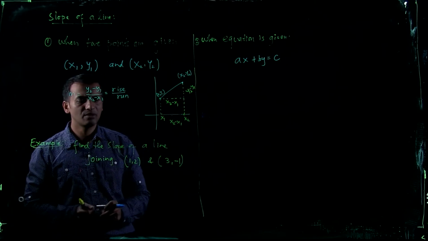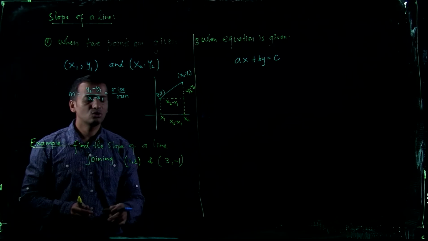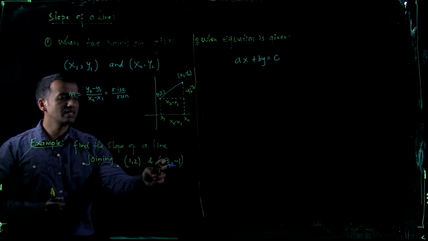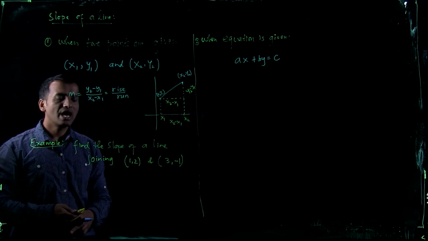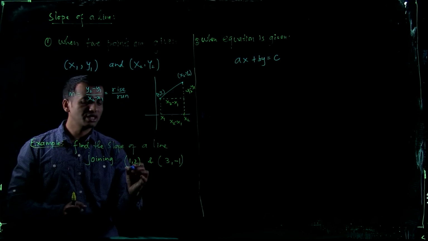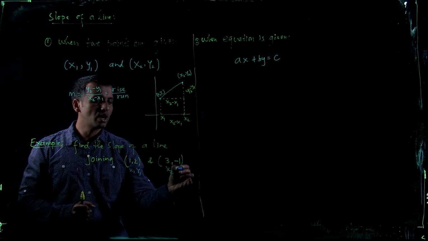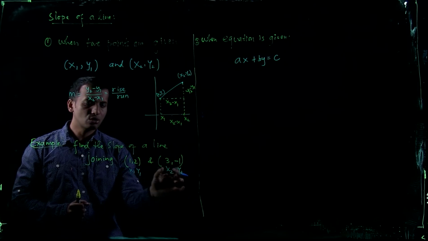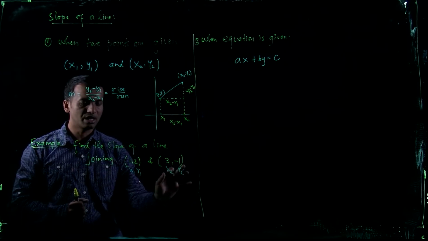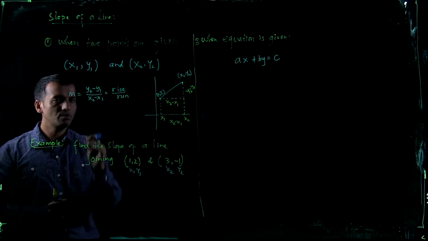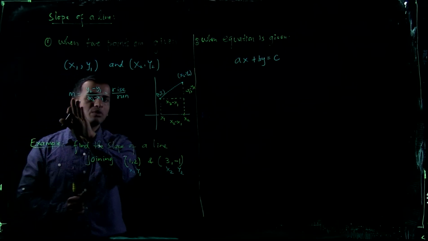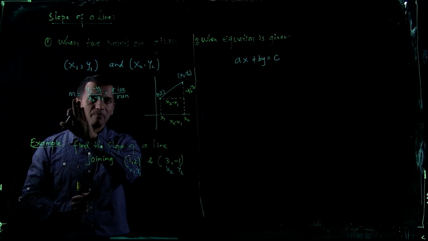Let's take this example. Find the slope of the line that joins (1, 2) and (3, negative 1). As we mentioned, we assume one point as x1, y1 and the other as x2, y2. You can take this as x1, y1 and this as x2, y2, it doesn't matter. Now use the formula for the slope, which is denoted by m.